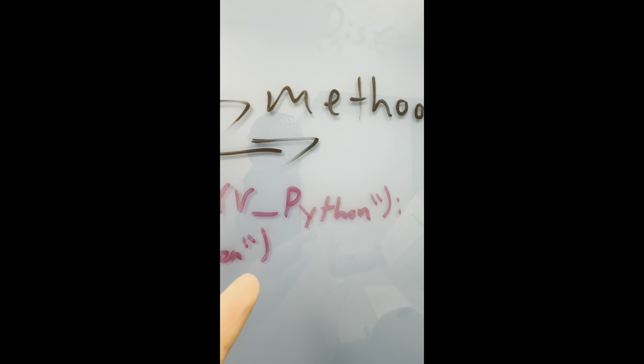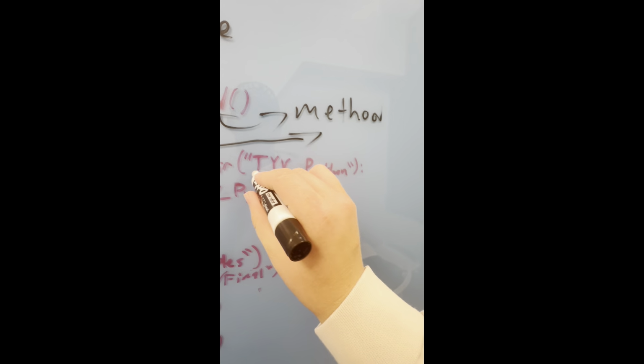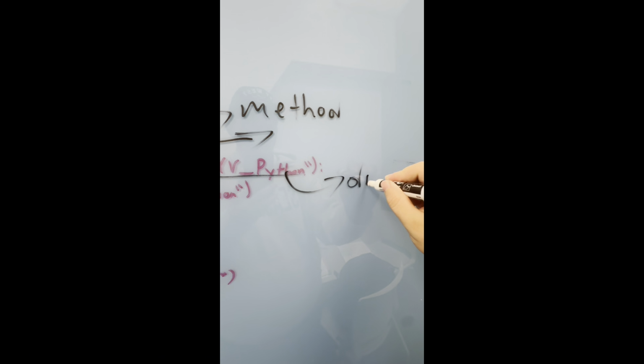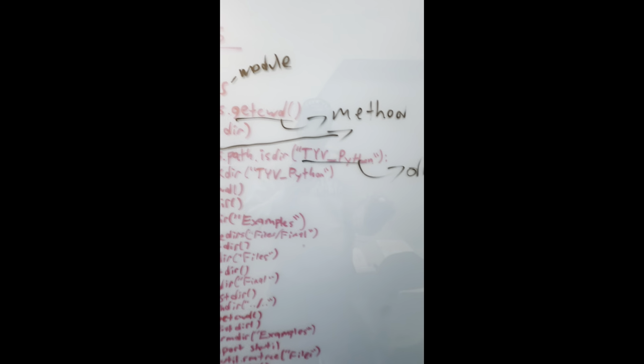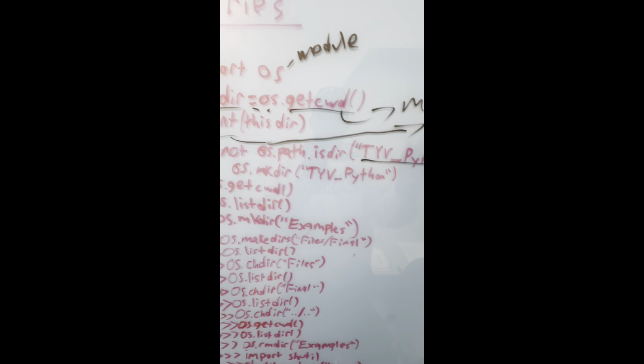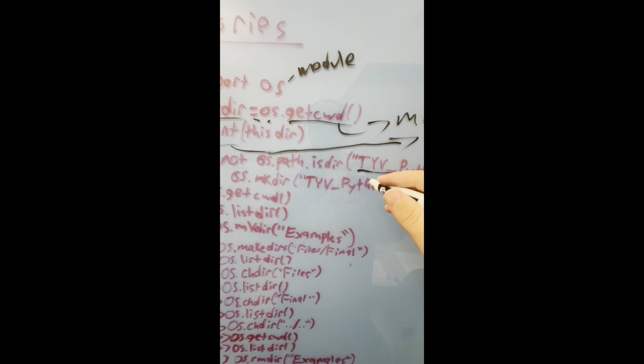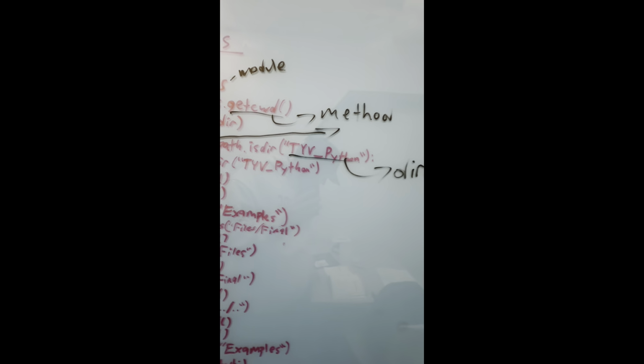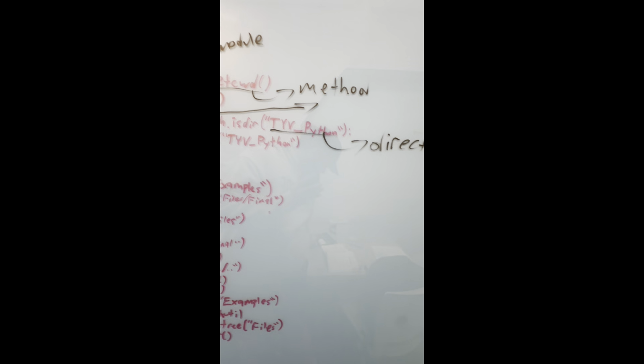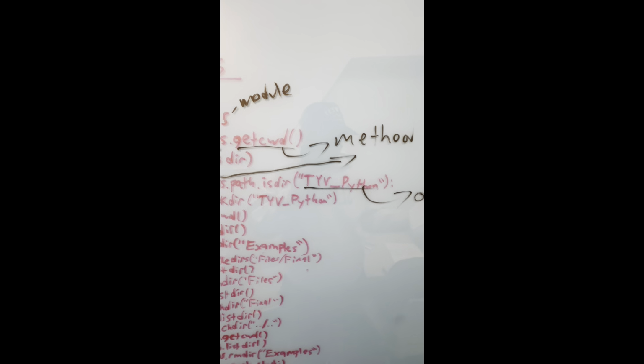In the os module, to check whether or not this directory exists, so this is the directory's name right here. I'll write that down real quick. So that's a directory. So this is pretty much checking if there is already a directory inside of the isdir, so it's just checking if that directory exists.